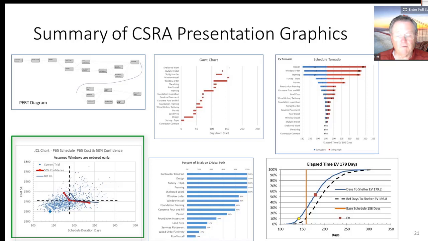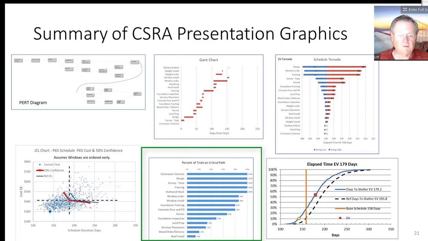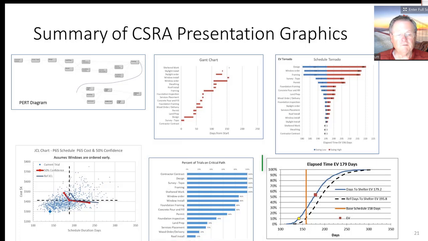Those are not going to be the P50 if we want a 50% chance. And then we have the critical path diagram that tells us how often things are on the critical path, which then suggests that we should look at different ways of doing the task to improve the schedule. And finally, we have our CDFs where we can compare the reference schedule to the mitigated schedule.